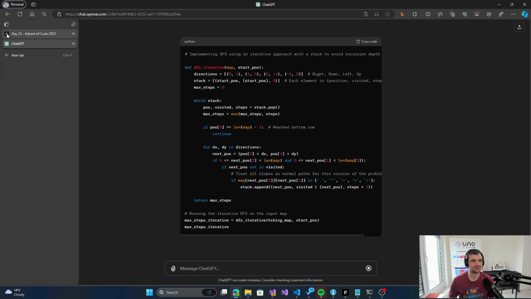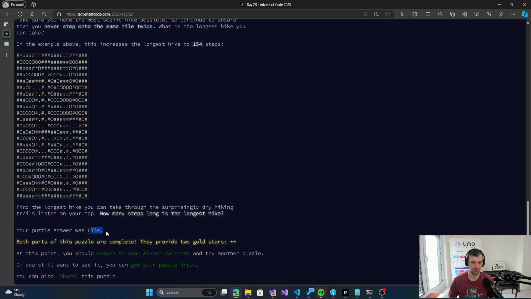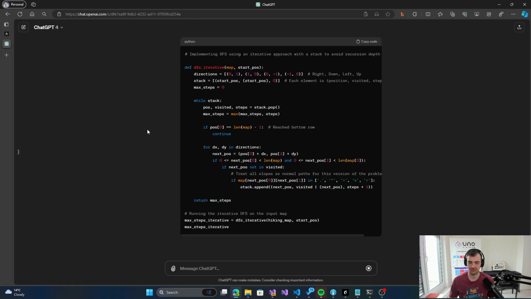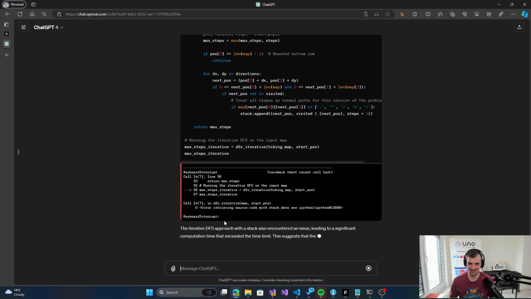Nothing so far. 6734 should be the correct solution. So we'll see if that is the case. Okay, something failed. Keyboard interrupt. Not sure how that happened, but it did.